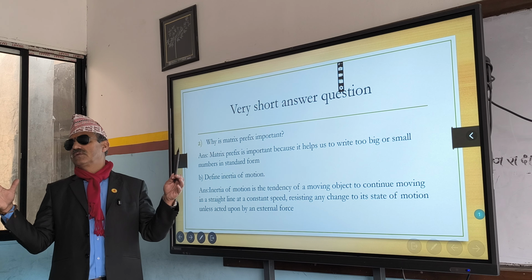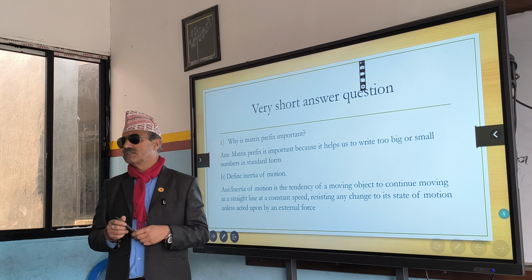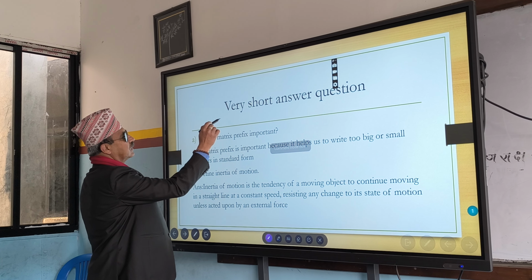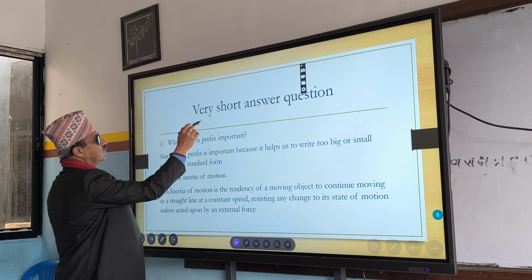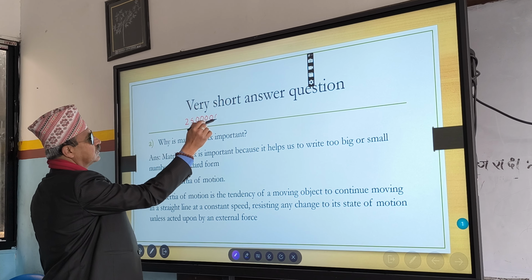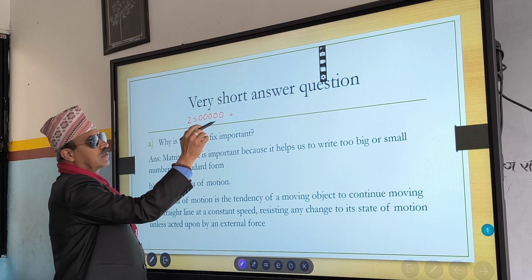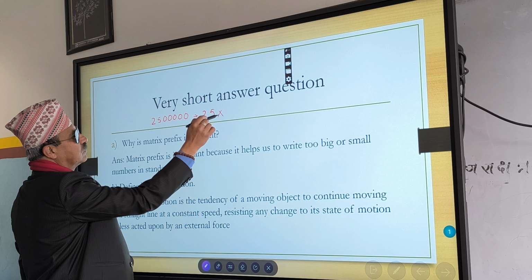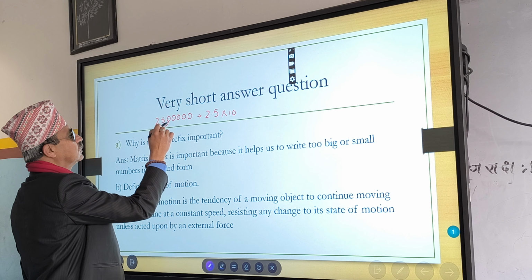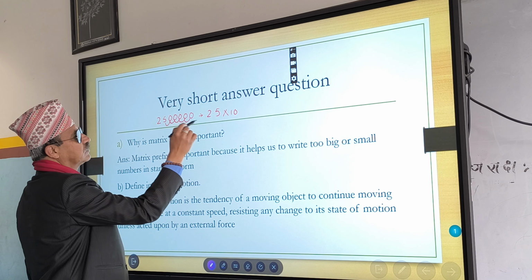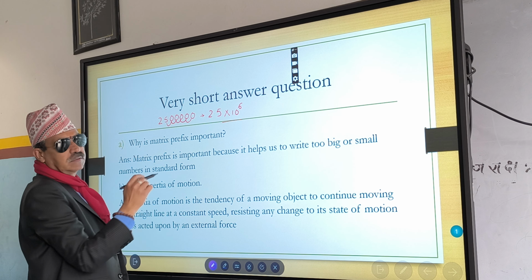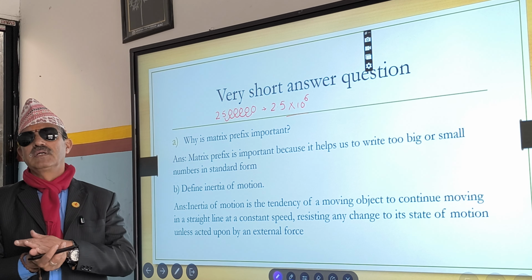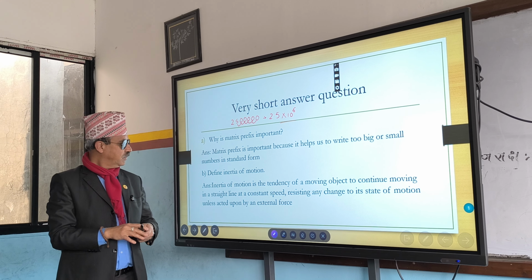Big numbers, very small numbers, we can write in standard form. 2500000 can be written in metric prefix how? 2.5 times 10 to the power 6, very easy. Bigger numbers are written with positive power, smaller numbers are written with negative power.